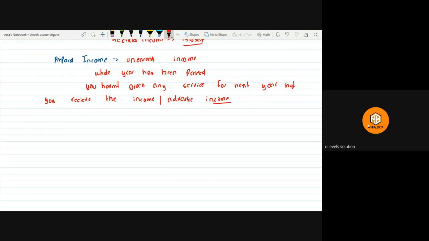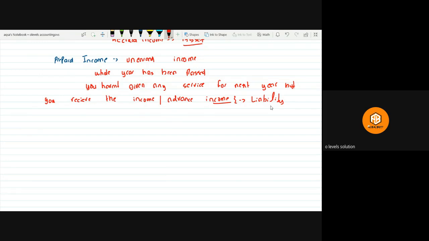Okay. Now this advance income will be a liability for the company because you haven't given any service, but your customer can show the ownership on that. The customer could say in the future that I don't want to continue with you, that is why I want a refund of my advance money.